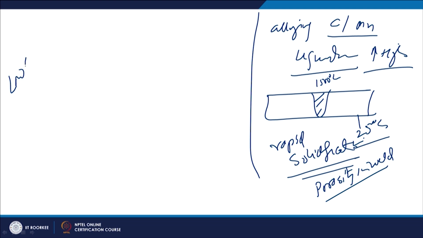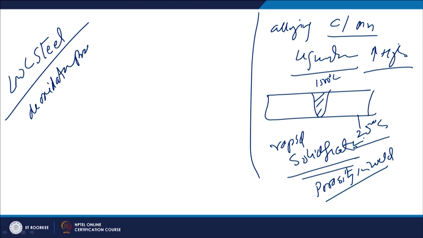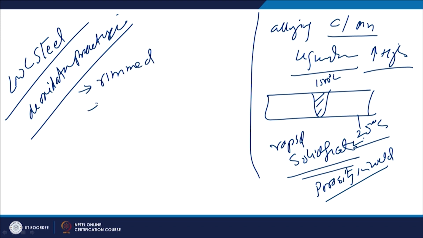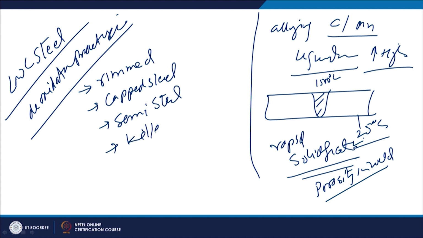Low carbon steels, based on the deoxidation practice used at the manufacturing stage, are grouped as rimmed steel and capped steel, semi killed steel and killed steel.